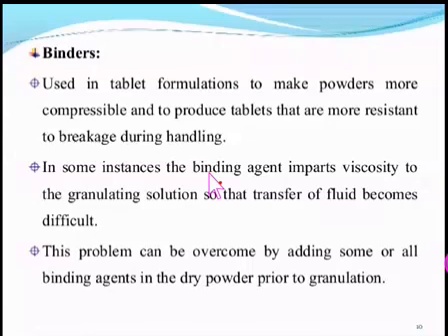There will be difficulty in transferring such a highly viscous fluid, and this problem can be overcome by adding the binder in the powder state along with the other dry powders, and this will make the binder liquid to be produced with a low viscosity.